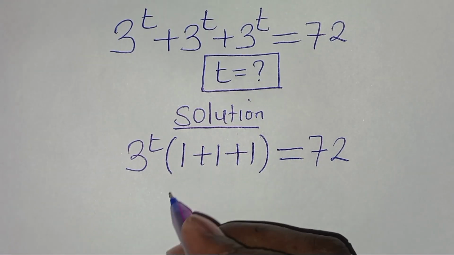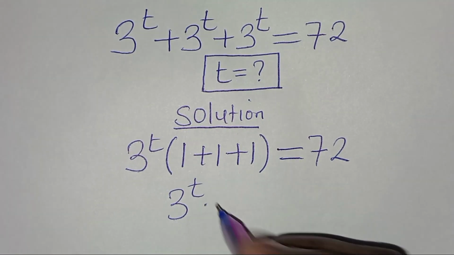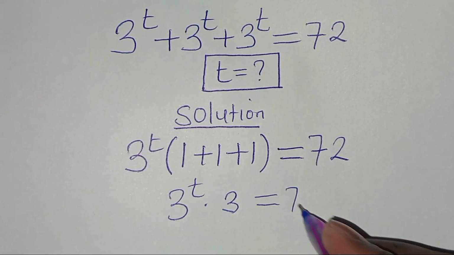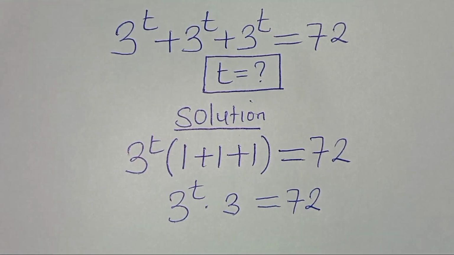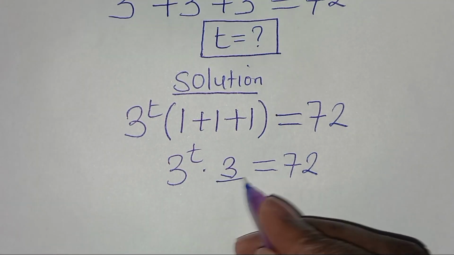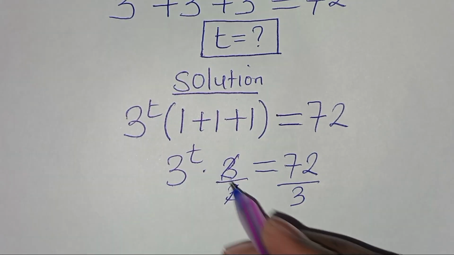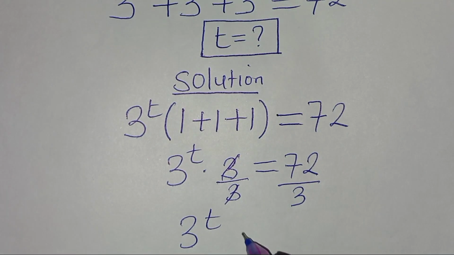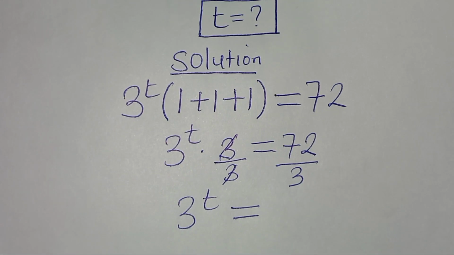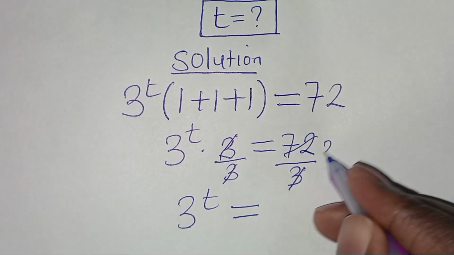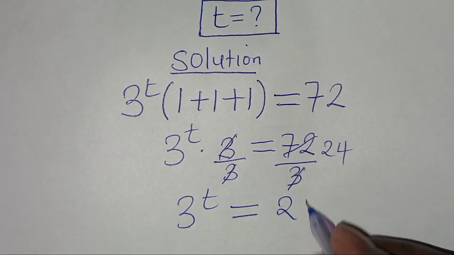So this implies that we have 3^t times 3, since 1 + 1 + 1 is 3, equal to 72. Let's divide both sides by 3, so that now we have 3^t equal to 72 divided by 3, which is 24.